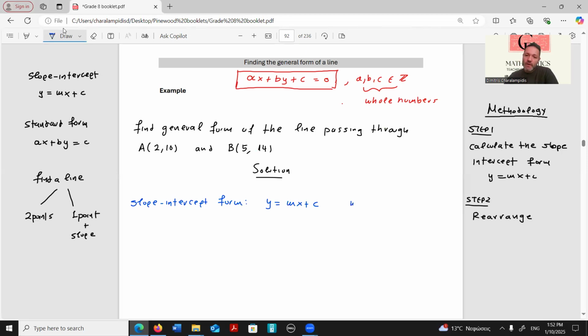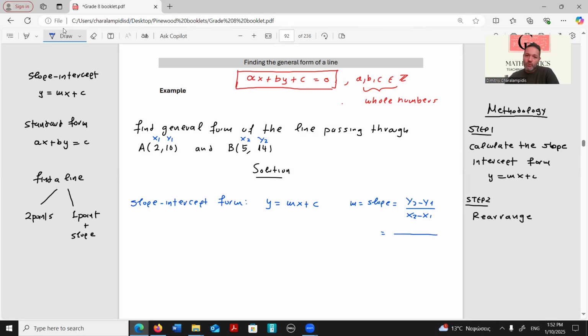How can I calculate the value of m? Well, I know that m is the slope and that we have a slope formula for that: y2 minus y1 over x2 minus x1, where A could be x1, y1, and B's coordinates could be x2, y2, respectively.